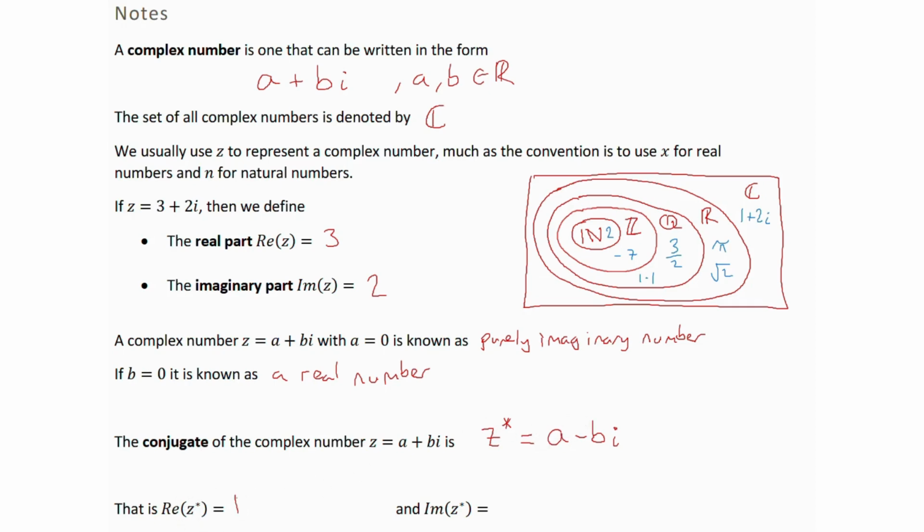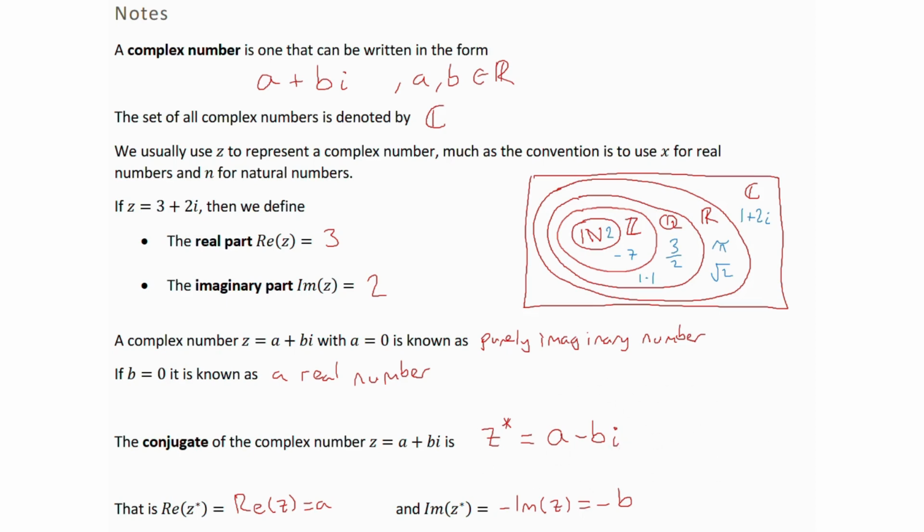So the real part of z conjugate is the same as the real part of z. It is just equal to a. But the imaginary part of z conjugate is equal to the negative of the imaginary part of z. It is equal to negative b. That's going to be really, really important when we come on to looking at some of the operations, particularly division.